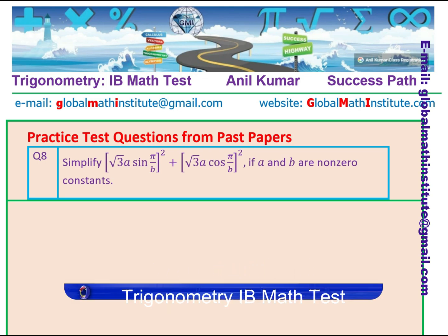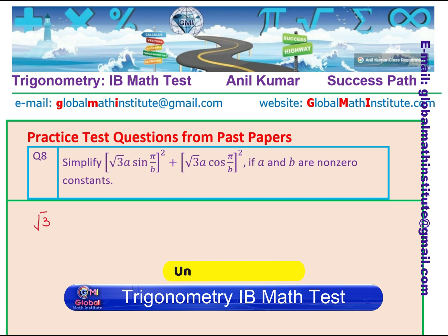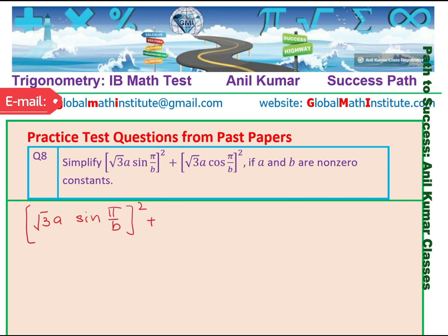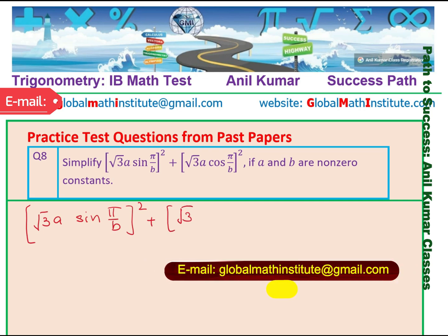Well, let's rewrite. So we have √3 a, where a is a constant, sin(π/b), whole square, a and b are constants, plus √3 a cos(π/b) whole square, right?